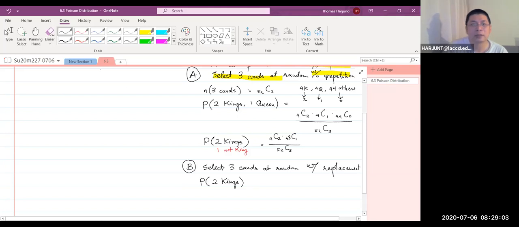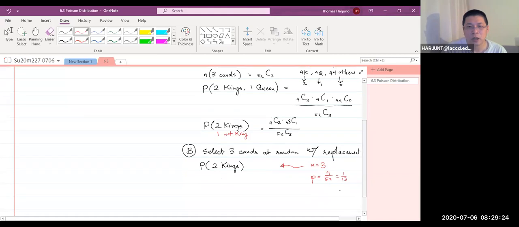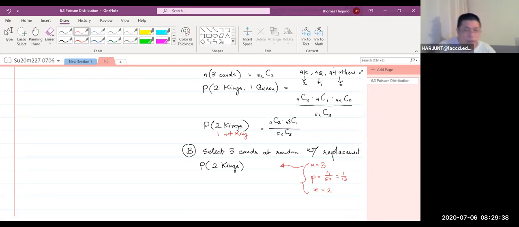Now, what happens is this will suddenly satisfy the binomial distribution. Why? Because the number of trials is 3. The probability of getting a king is 4 out of 52, which is 1 over 13. And we just need 2 kings regardless of the order. The probability of getting a king in the first draw is the same as the probability of getting a king on the second draw and the third draw, and they're independent.